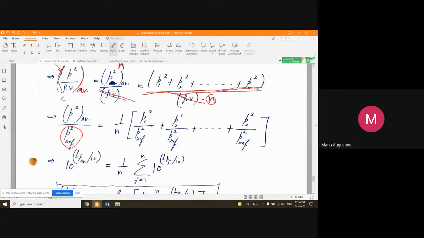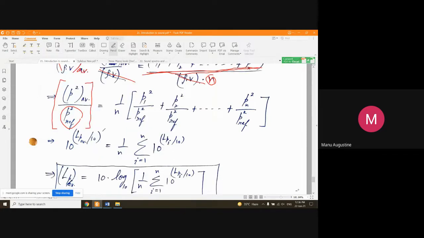So once again, I want to construct this particular term containing the ratio of P square by P reference square, because then I can eventually lead you to this expression which can be simply added. Whenever I write a term P square upon P reference square, it can be written as 10 raised to power LP upon 10.